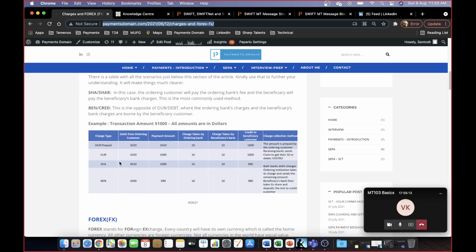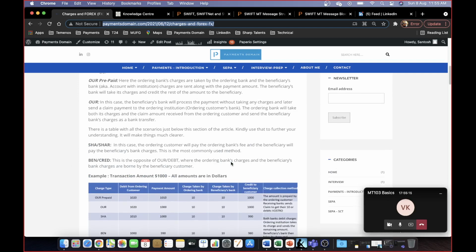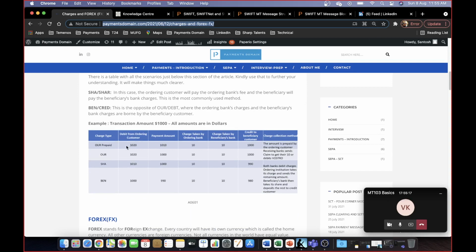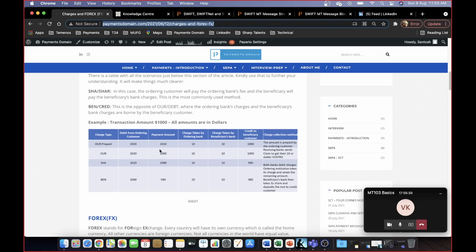I would like to refer you to this table. In OUR, there are two types of charges: OUR prepaid and normal OUR. In this example, the payment amount will be the amount that will be debited. Let's say customer A is sending customer B $1,000.